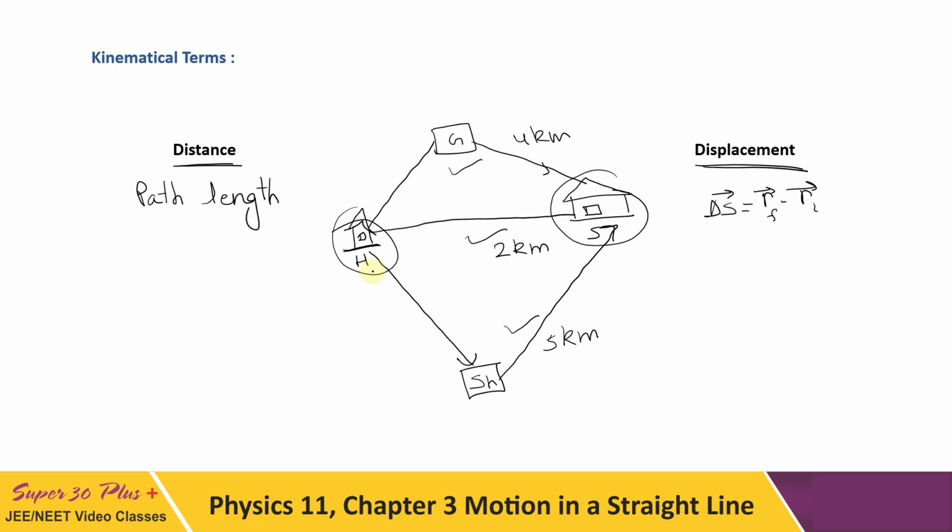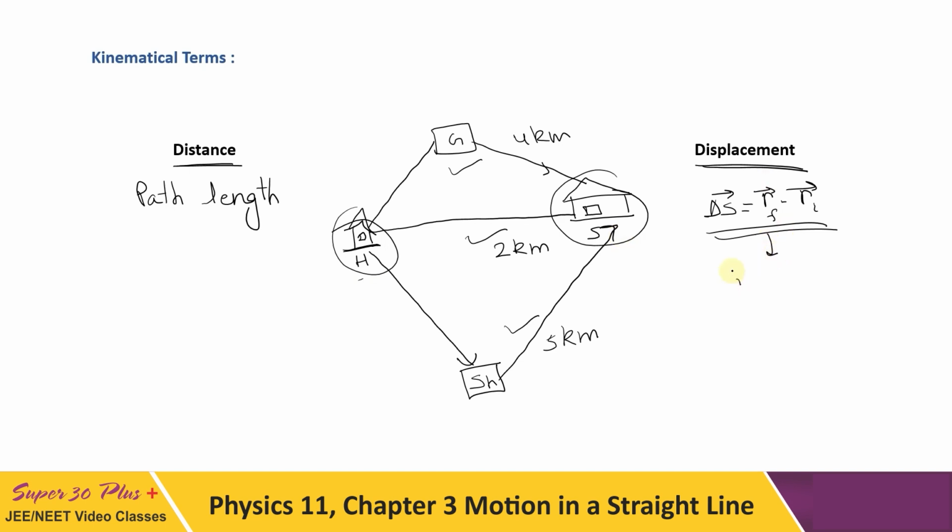It has nothing to do with whether from the home you are going directly to school or going via gym or going via some shop, right? So displacement for all the three students is the same because it has nothing to do with path. Directly it takes into consideration the origin and the destination, and this is the shortest distance from origin to destination. So displacement is independent of path.